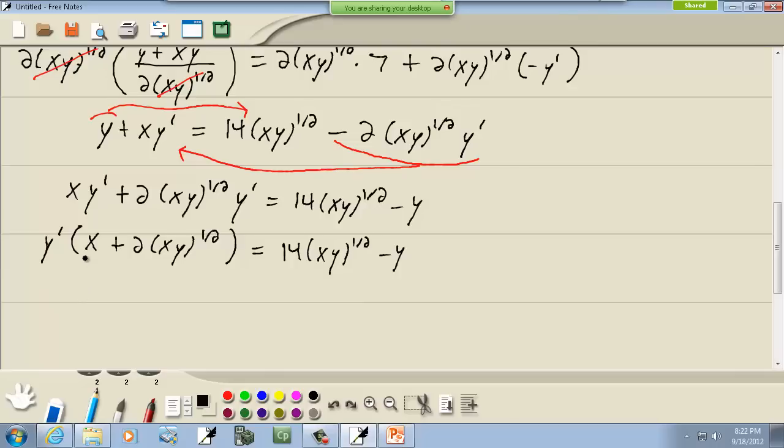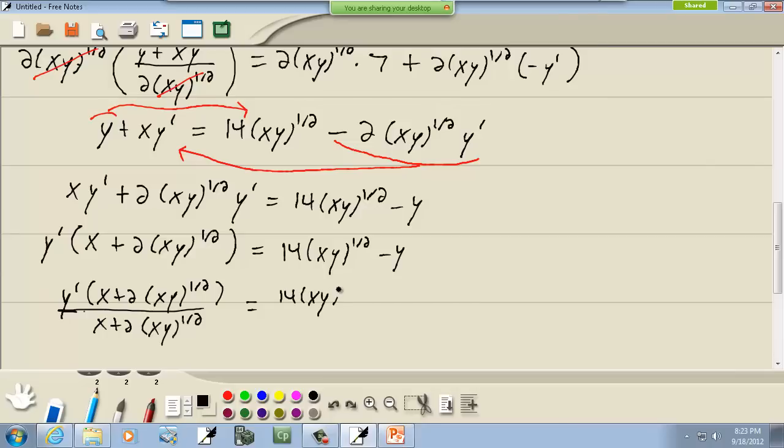And then we'll divide both sides by what's behind our y prime. And so we got xy to the 1/2 divided by x plus 2 xy to the 1/2 equals 14 xy to the 1/2 minus y over x plus 2 xy to the 1/2.